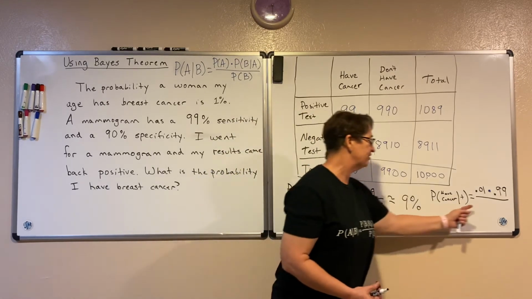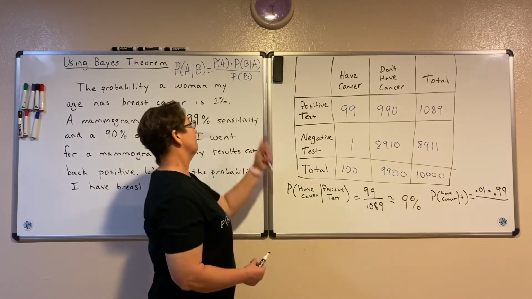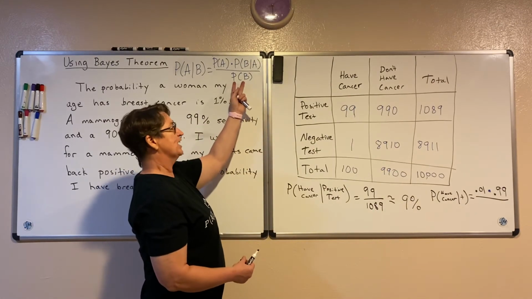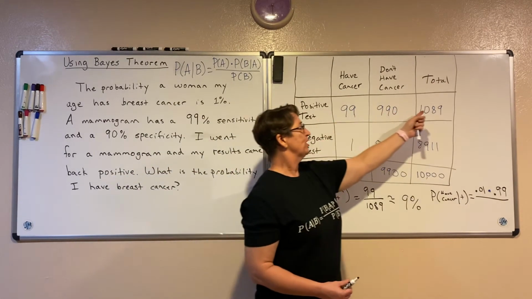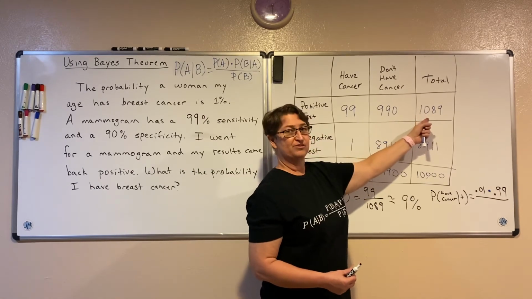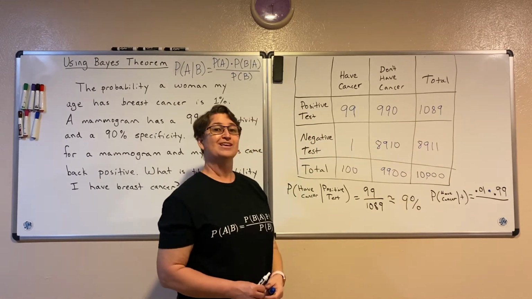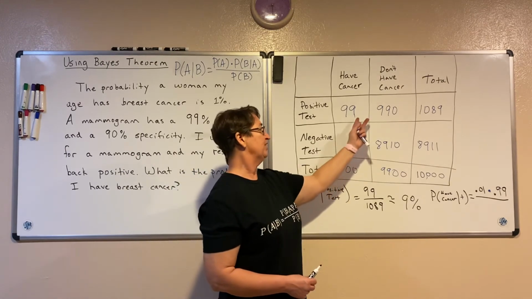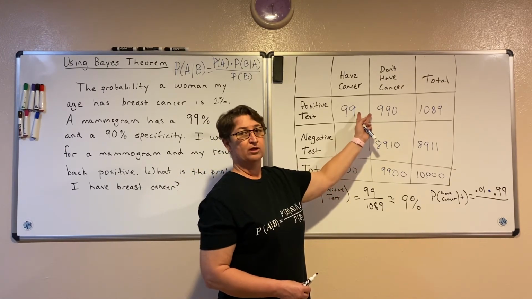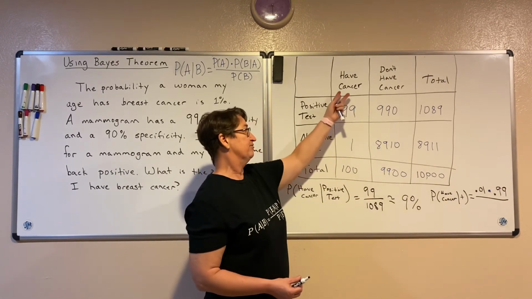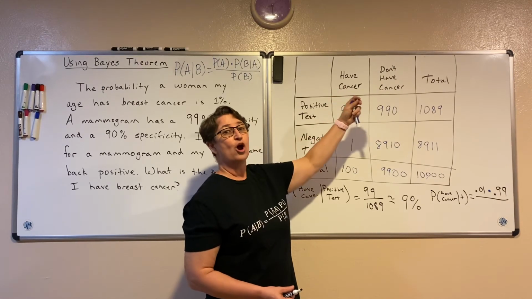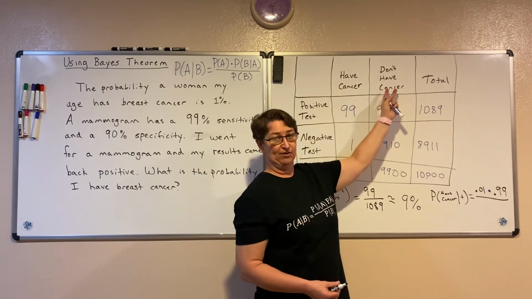All right, now in the denominator though, we're going to find the probability that we get a positive test. The probability I get this positive test. But notice that when we were getting the probability of that positive test, there are two numbers there. Because I can get a positive test from having cancer, or I can get a positive test not having cancer.